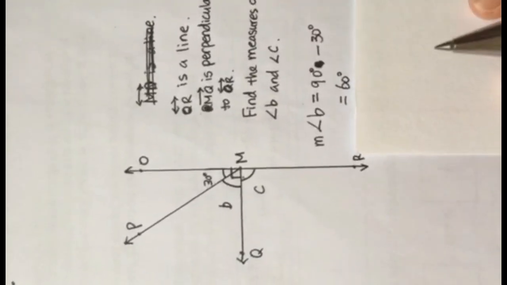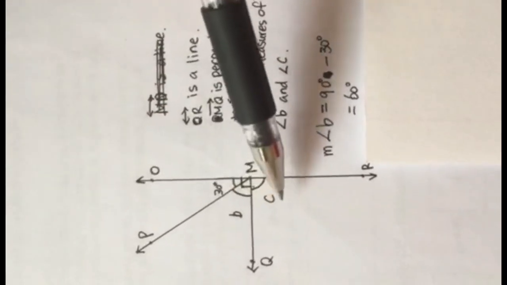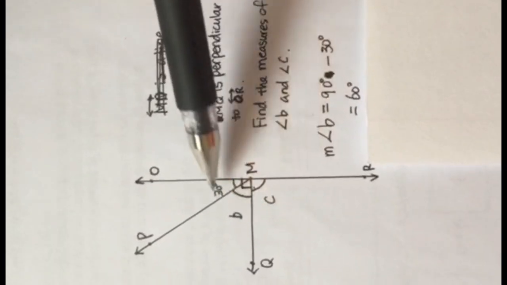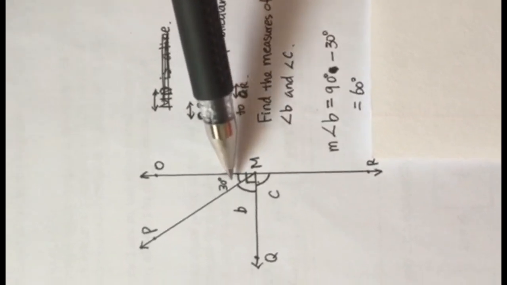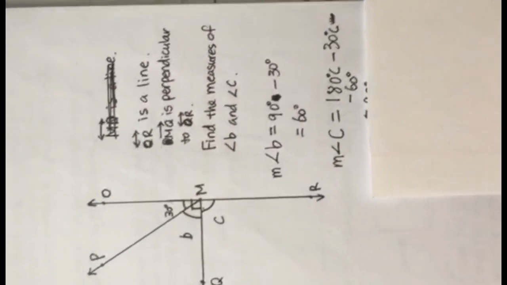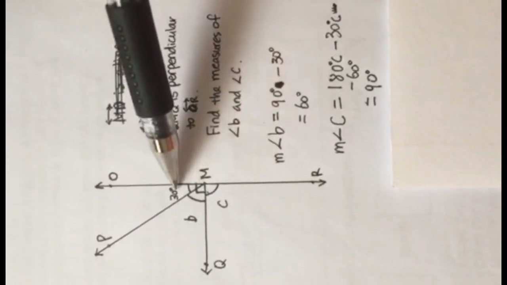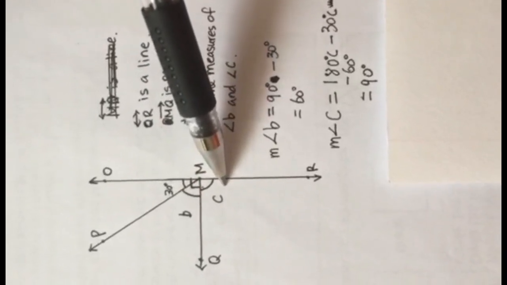One method to find out angle C is to use the property that we have just learned. The sum of angle C and angle B and the 30-degree angle is 180 degrees because these three are angles on a line. So angle C would be 180 degrees minus 30 degrees minus 60 degrees, and it is 90 degrees.